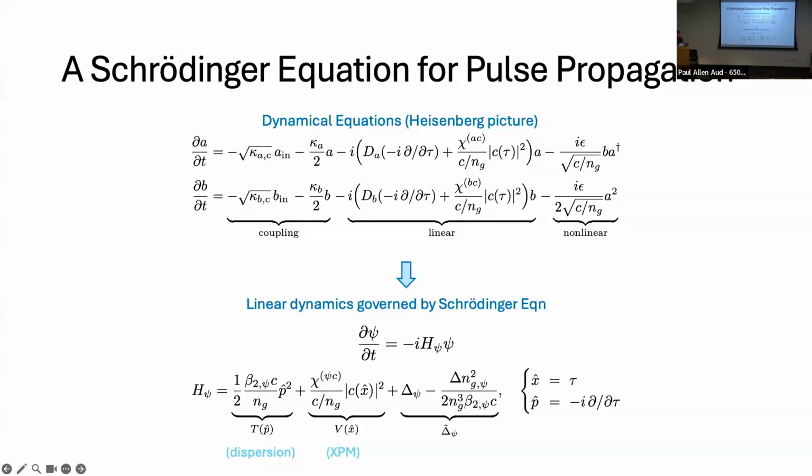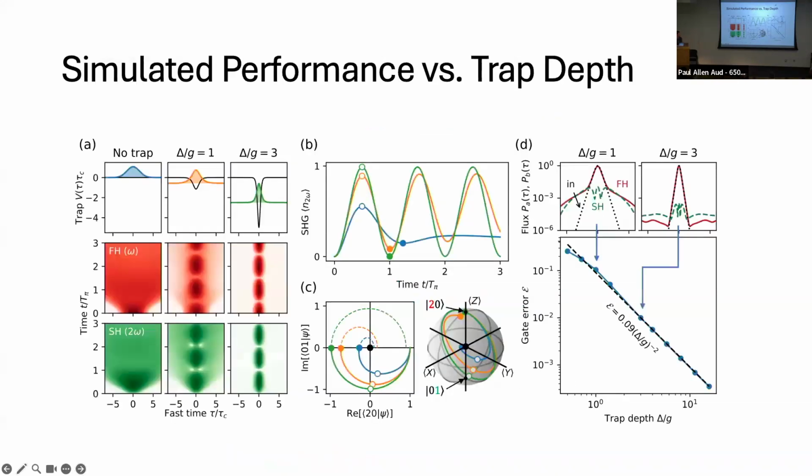Thanks, Ryan. Actually, this is a good page. I was just wondering, what kind of refractive index change are you talking about for that cross-phase modulation to have a good trap? It can be very, very little. In the simulations that we did, we showed that you can get reasonably high fidelity in these gates if your trap depth delta is something like 3 times g, where g is the single photon nonlinearity.